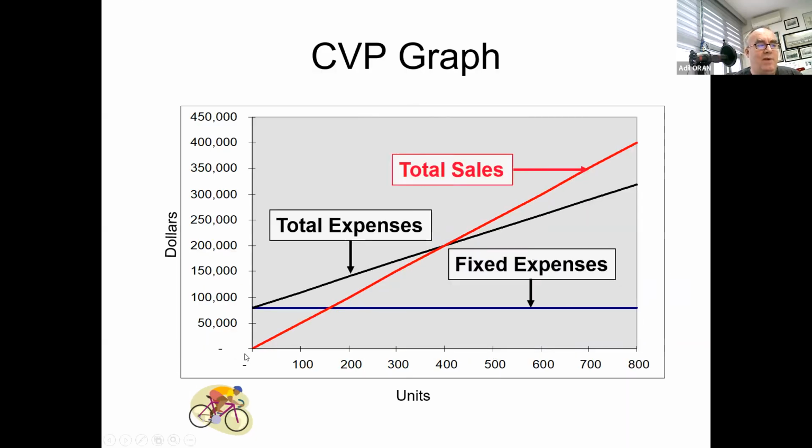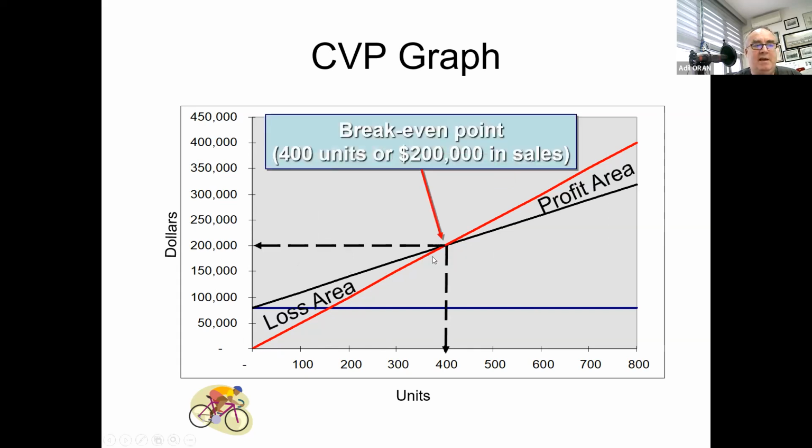And we have our total revenue or total sales starting from zero, and for each unit that you're selling, you are receiving $500 extra, so the slope is 500. Using this information, we can see our break even at 400, where total revenue is equal to total cost. Up to this point, we are losing money, breaking even at 400 units or $200,000 in sales. Beyond this point, we are making a profit. So this is how you could use a graph to understand how much money you're making or losing or where the break even is.